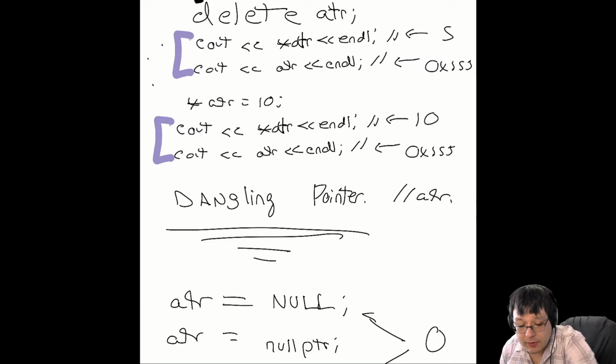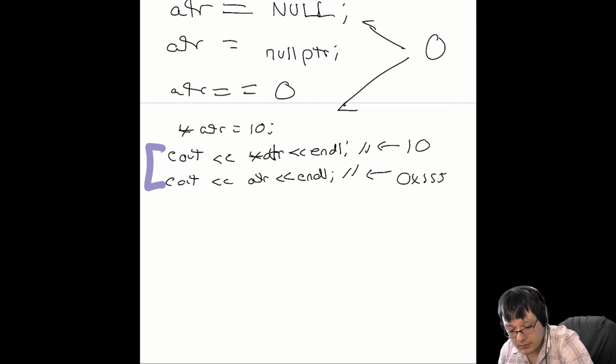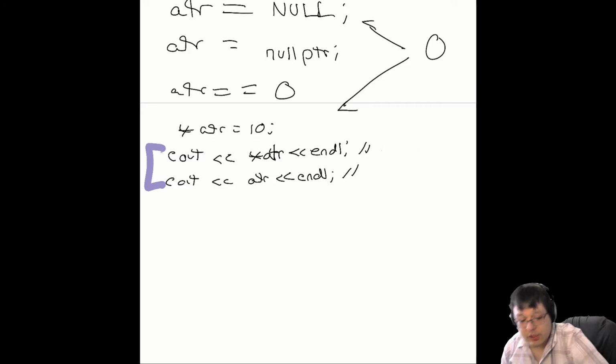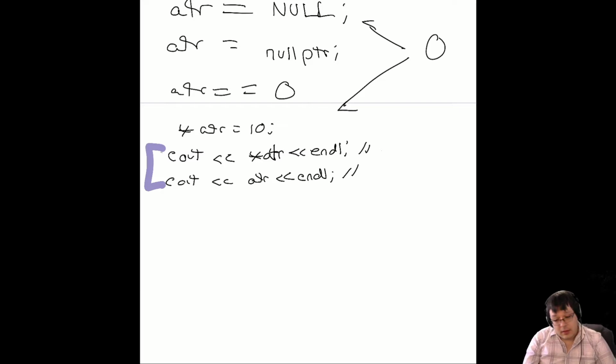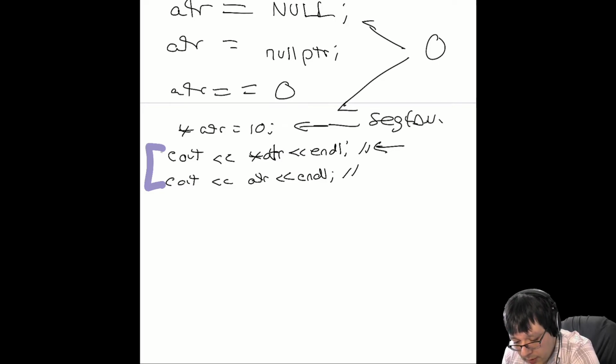However, if I yet again try to do actually any of these lines, let me try copying these three. If I try to do this now, pretty much these two are going to crash my program. And then this one's just going to print out 0.